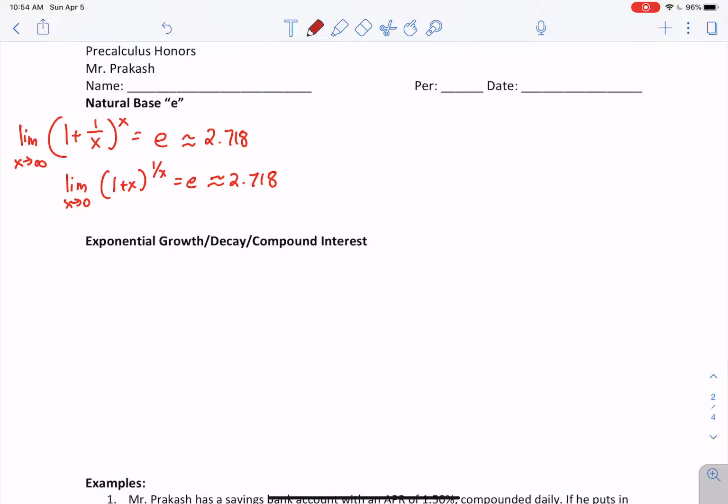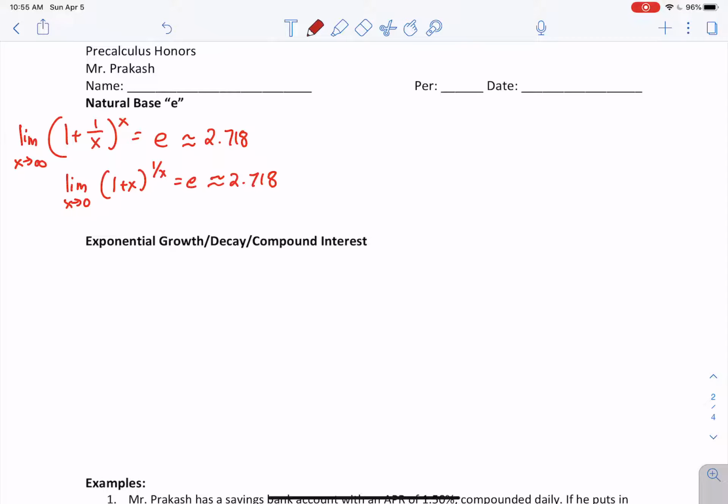But you might be thinking, why would you have 1 plus 1 over x or 1 plus x to the 1 over x? Where does that come from? Well, we can think about this in terms of an application of exponential functions. If we think about exponential growth and decay as the things that we model with these functions, compound interest is something that comes up a lot.